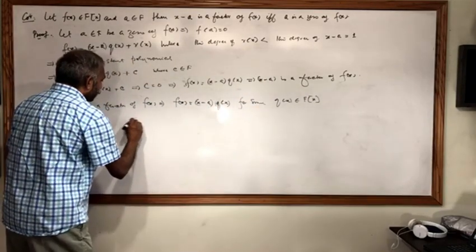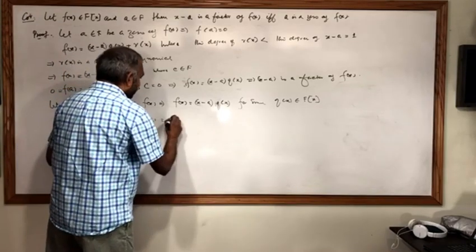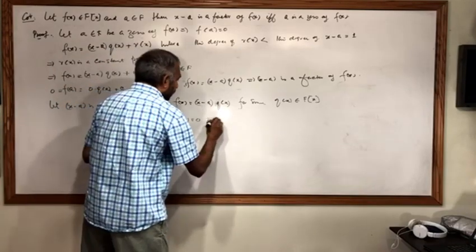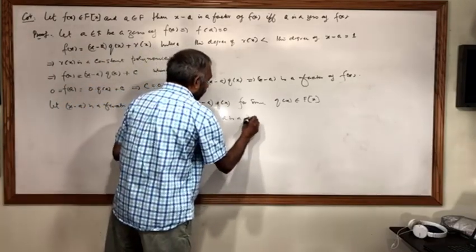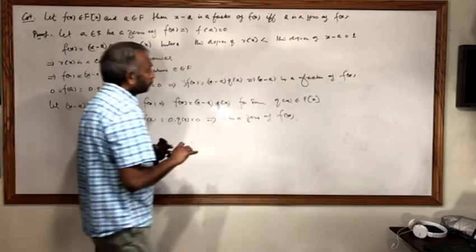So that implies f of a is equal to, this is actually 0 times q of x, and that is equal to 0, and that implies a is a 0 of f of x.